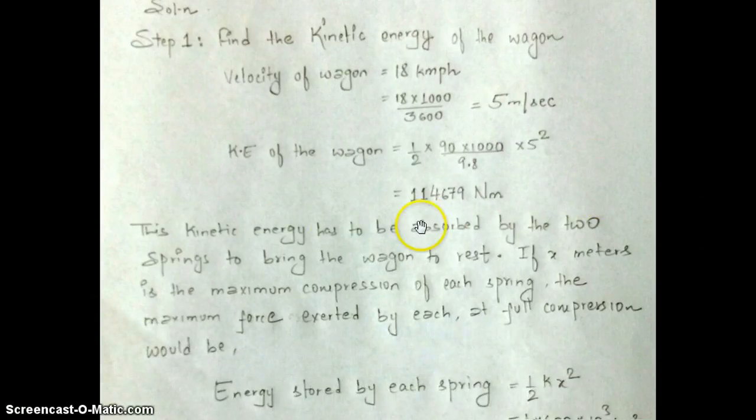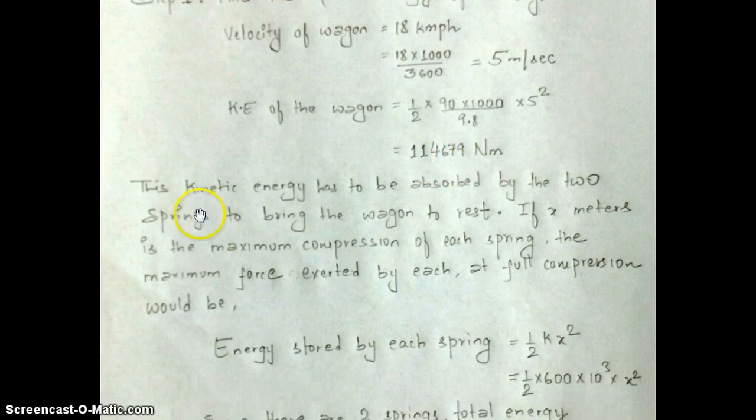So it comes out to be 114,679 Newton meters. Now this kinetic energy that we calculated has to be absorbed by two springs to bring the wagon to rest.